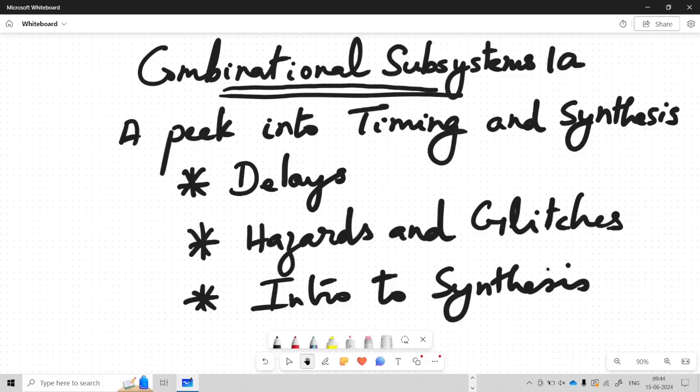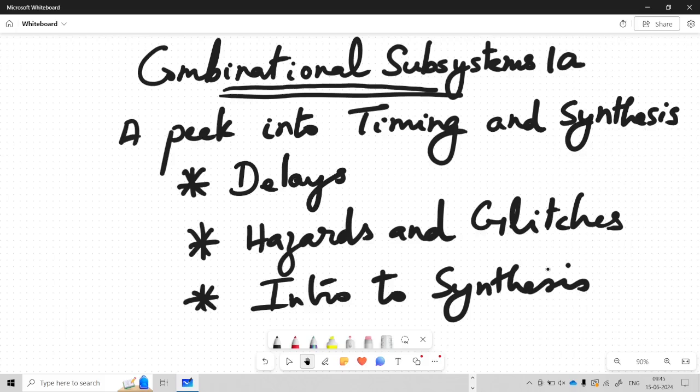So in this video, first we will briefly look at the cause of delays in combinational circuits. Then we will examine a very important aspect of combinational circuit synthesis, that is the presence of hazards which lead to noisy behavior. Hazards lead to introduction of internal noise in a system.